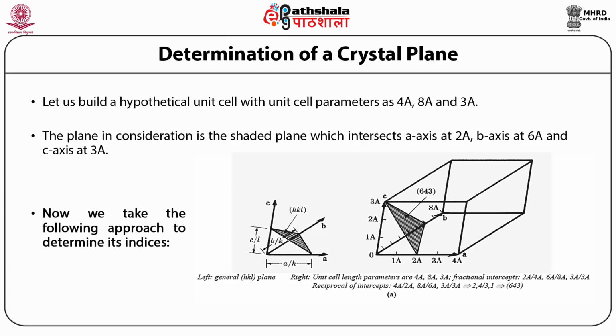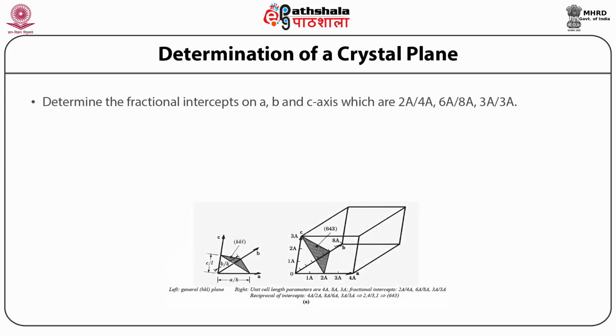Now we take the following approach to determine its indices. First, we determine the fractional intercepts on the a, b, and c axes, which are 2a divided by 4a, 6a divided by 8a, and 3a divided by 3a.